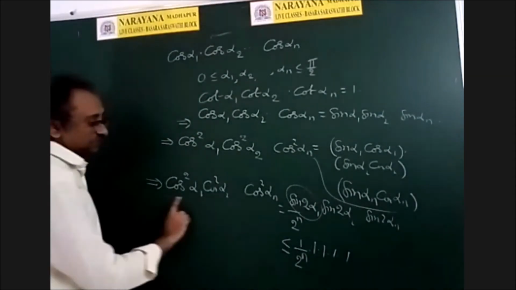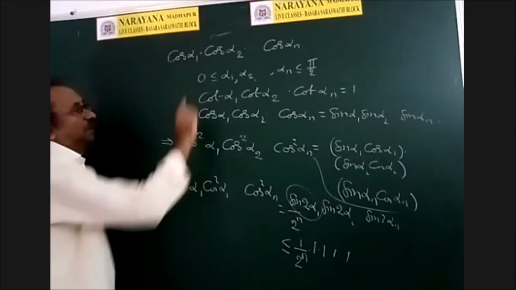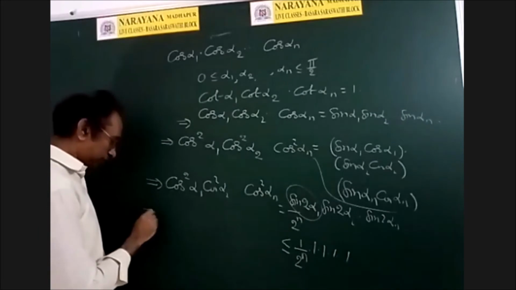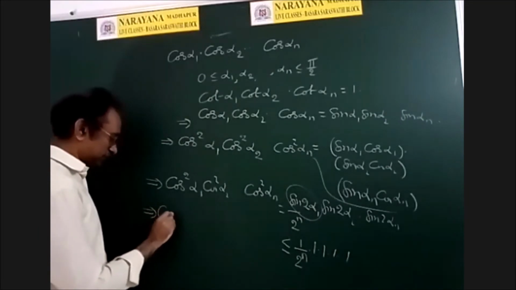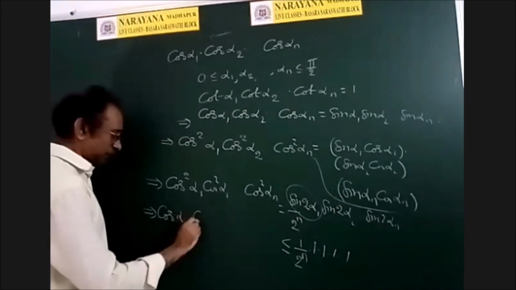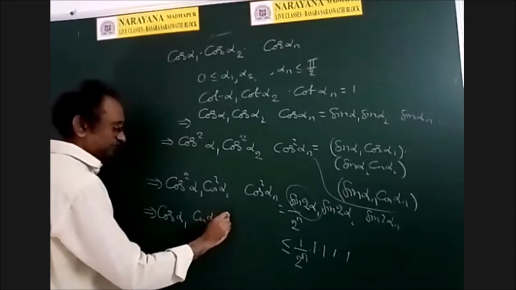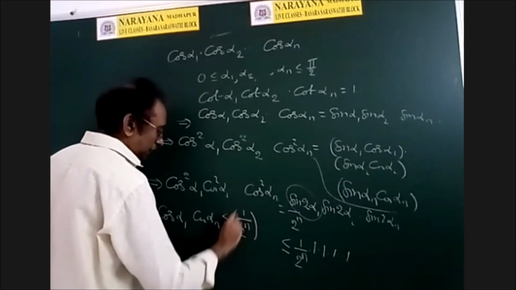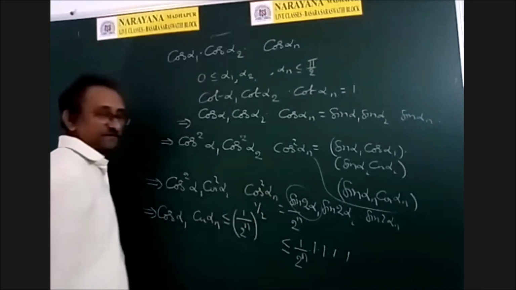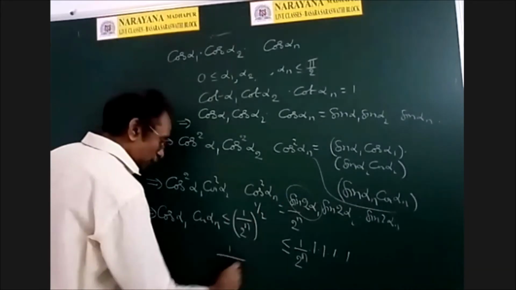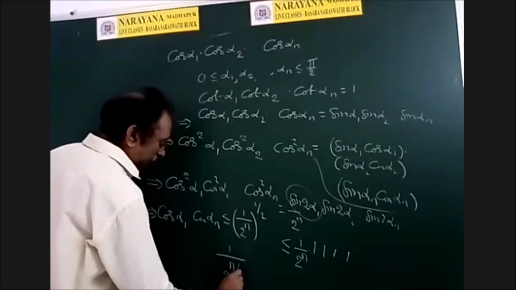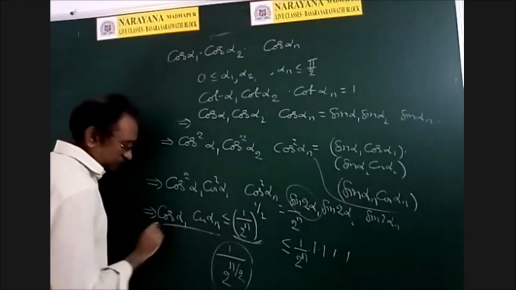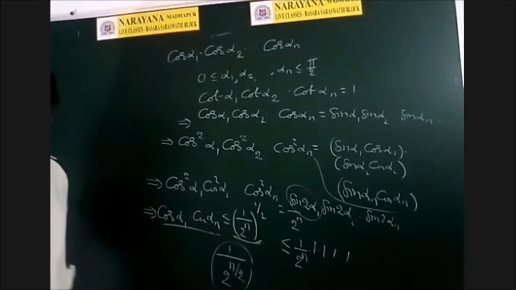But what is this? Cos square alpha 1, cos square alpha 2. We need only cos alpha 1, cos alpha 2. So take positive square roots on both sides. So cos alpha 1 into so on cos alpha n less than or equal to 1 by 2 power n whole power half. So the final answer is 1 by 2 power n by 2. So this is the maximum value of this expression. Right on.